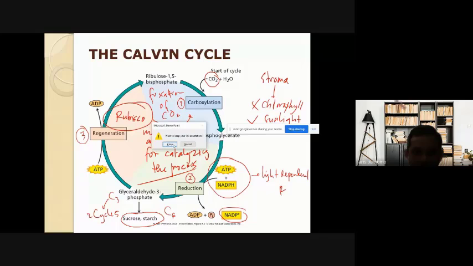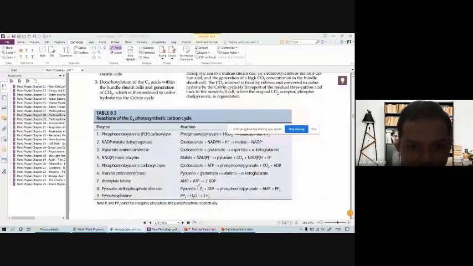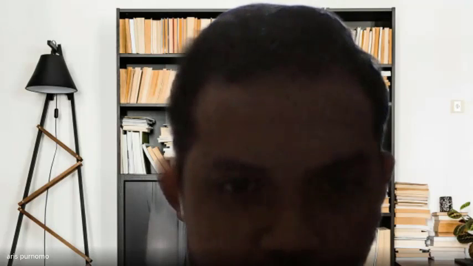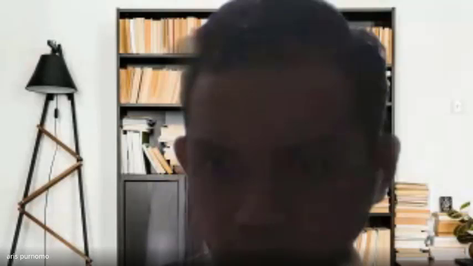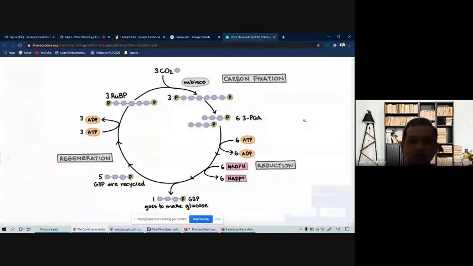Okay. I will show you the other diagram. Okay, this is the diagram that has more detailed steps here.